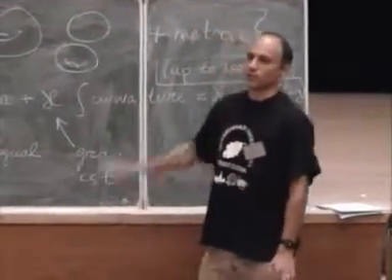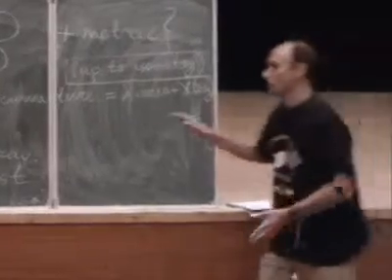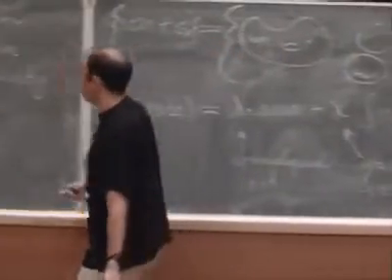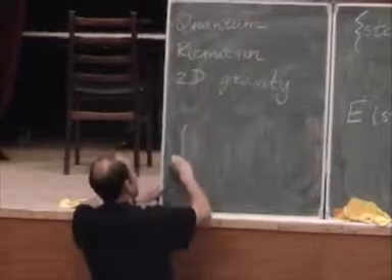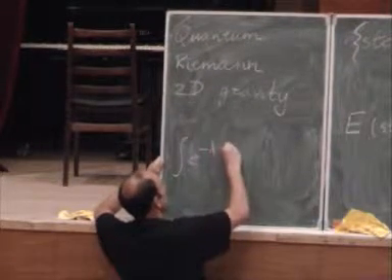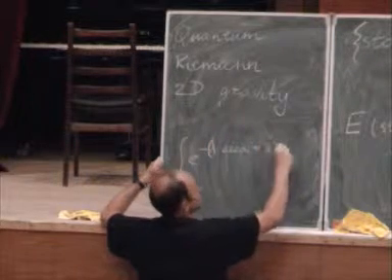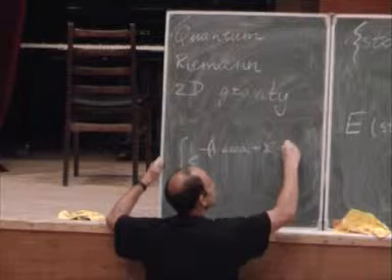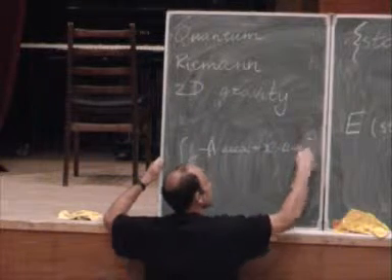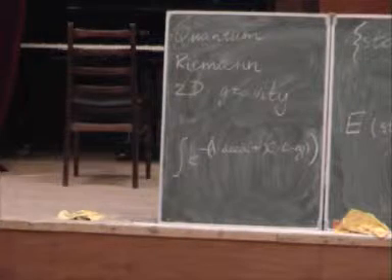I'm in statistical physics, so I just want the energy to be the smallest possible. Now I want to compute the integral. The problem is to compute the integral of e to the power minus lambda times the area plus kappa times 2 minus 2g. The integral over all possible surfaces with a metric.